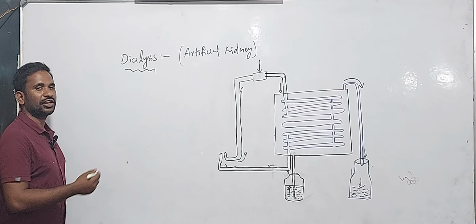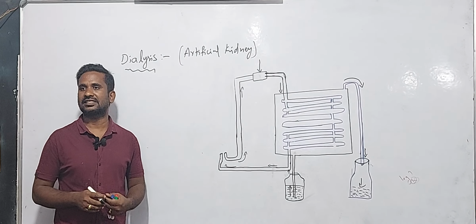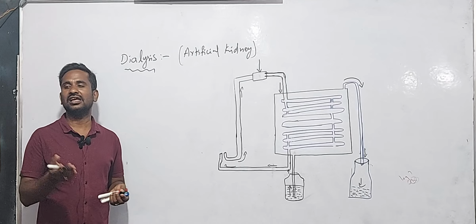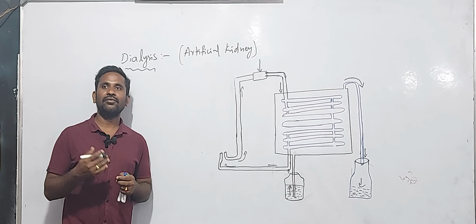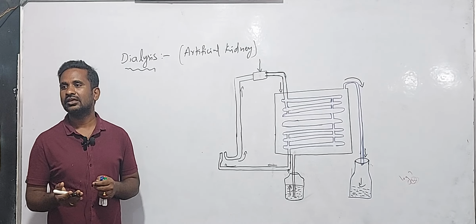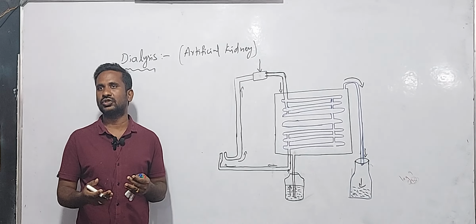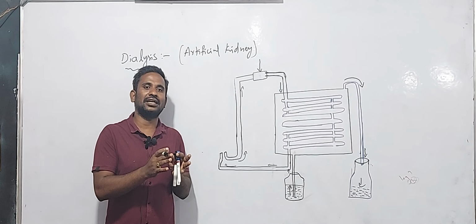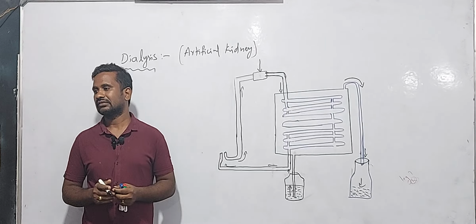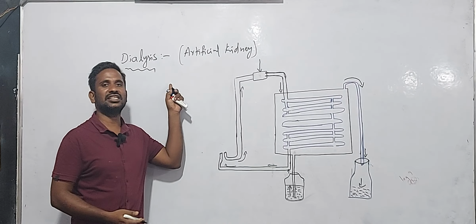How the dialysis process takes place with the help of the dialysis machine. When we perform dialysis, in the time of injuries, infections, high BP, high sugar, the blood flow to the kidneys is restricted. That's why we perform this dialysis process.